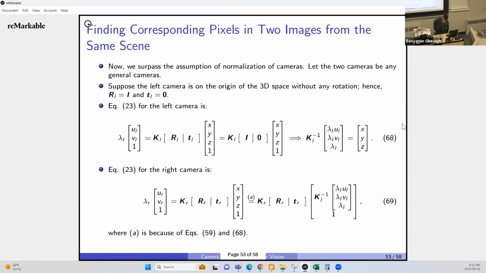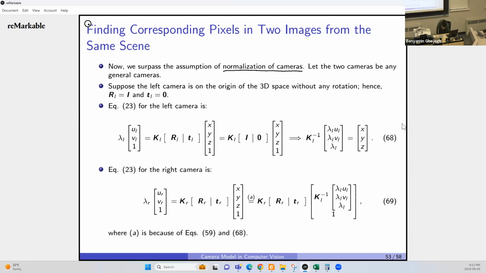Now we surpass the assumption of normalization of cameras, because we assumed that they are normalized, but they might not be in the real world. Let the two cameras be any general cameras. We will find another very important matrix in computer vision.